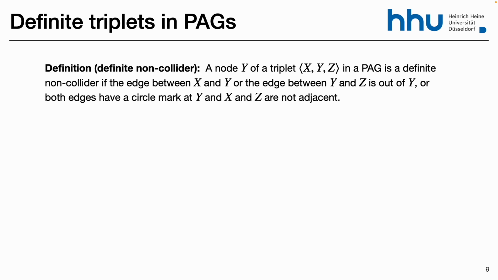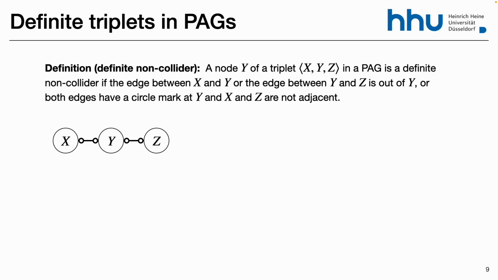So another thing that helps is this notion of definite triplets. I'm going fast here because it's pretty simple. Basically, a definite non-collider is something where you look at a PAG and you know that there's definitely no way to create a collider there. First is the unshielded case.